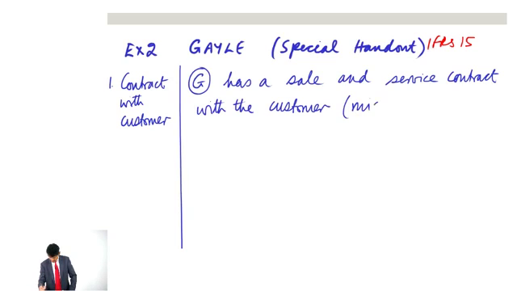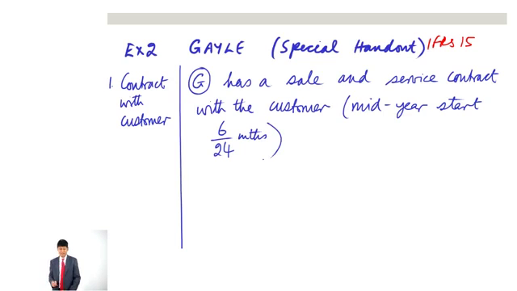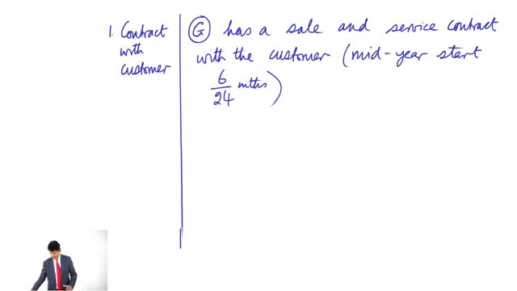Don't forget, it's a mid-year start of the contract. So I suppose you've got to take 6 out of 24 months, some kind of a fraction like that, as we will see. So that's the first step under control.